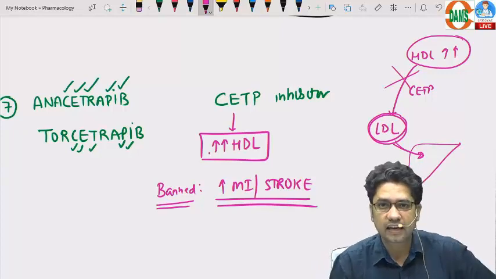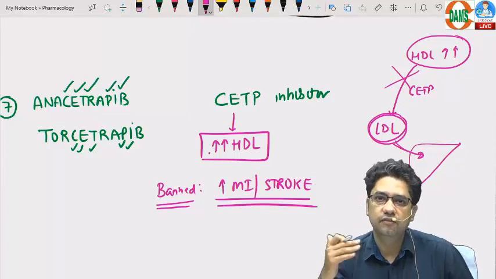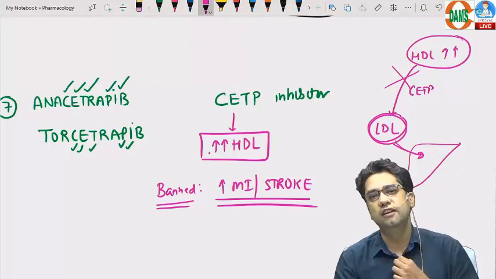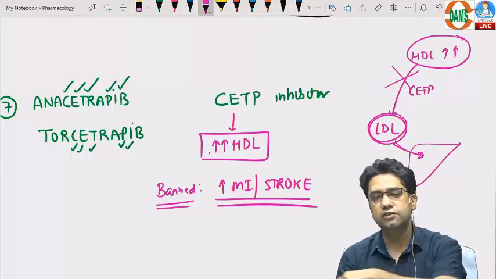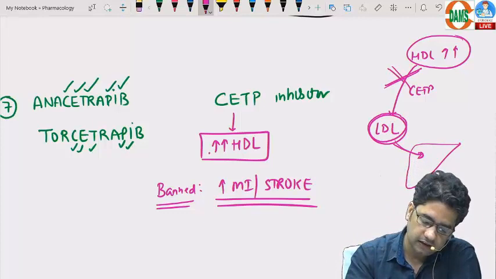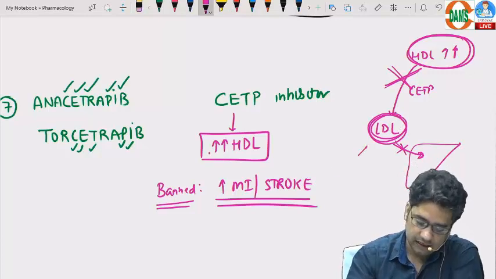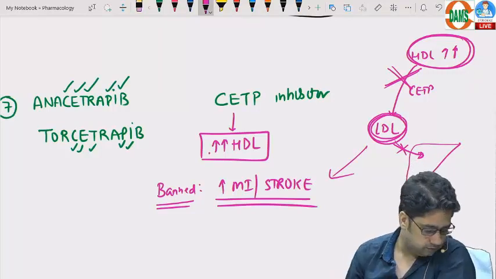So we increased HDL, but we have inhibited the action of HDL. HDL donates cholesterol to LDL, then LDL is removed from the blood. Although we have increased the level of HDL, LDL will not be reuptaken by the liver. Increase in LDL will cause MI and stroke.